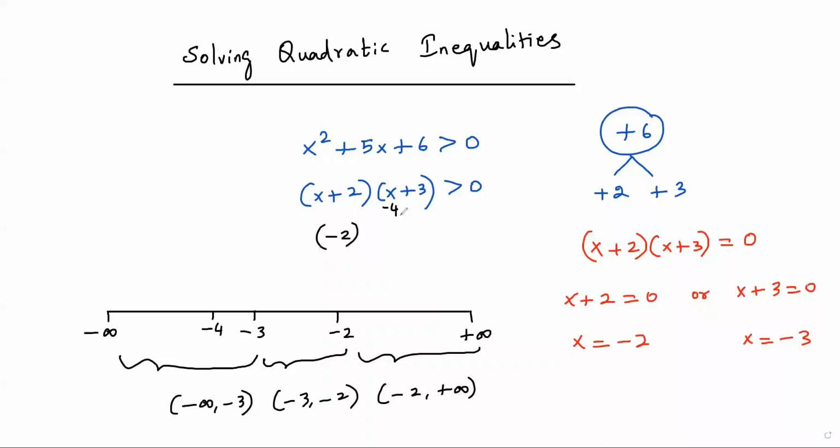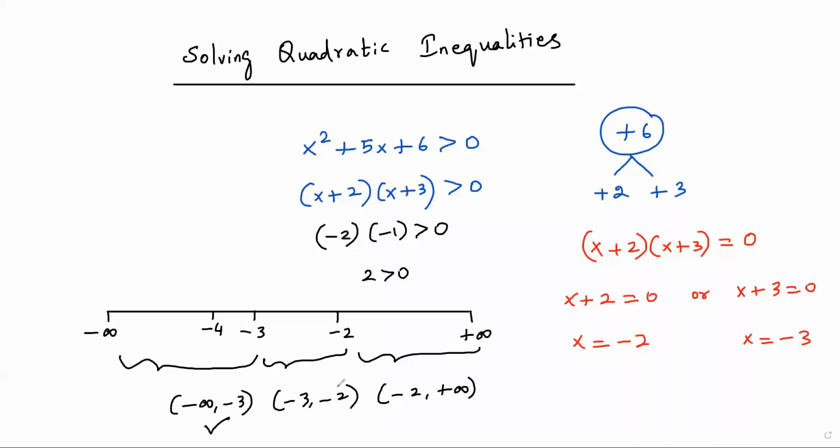And if I plug in -4 for this x, -4 + 3 will become -1. -2 times -1 will be positive 2 > 0. Now, my question is, is this true or false? Yes, it is true because 2 > 0 is true. So the first interval, (-∞, -3), satisfies the given inequality. So this can be accepted.